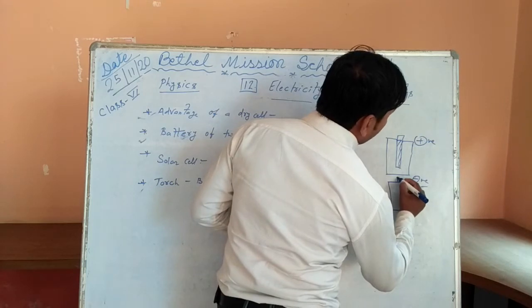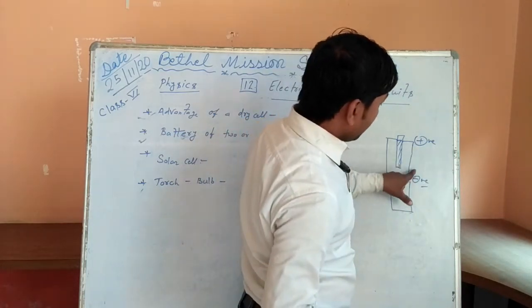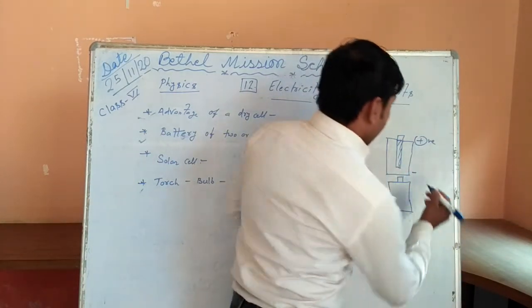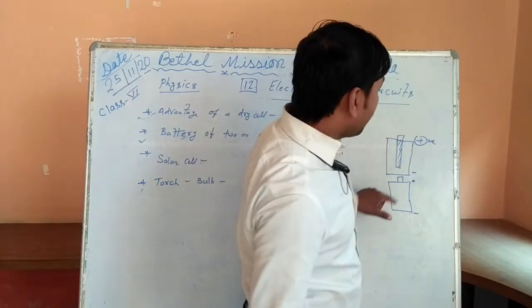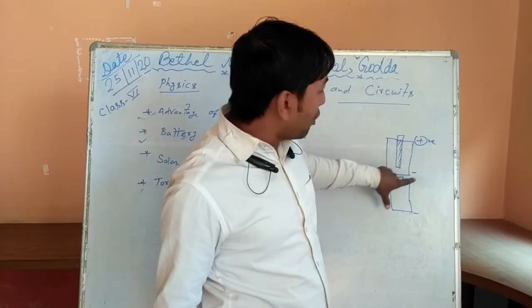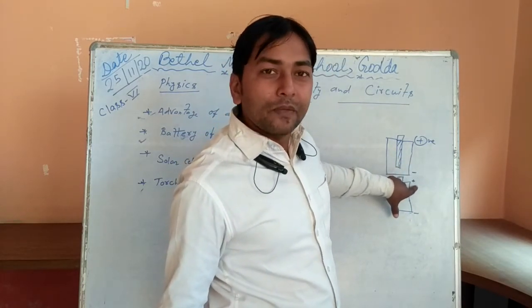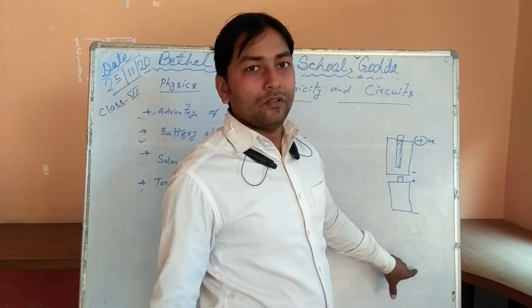This is positive and this is negative. It means the negative terminal of one dry cell is connected with the positive terminal of the other, and so on. You can connect like this.